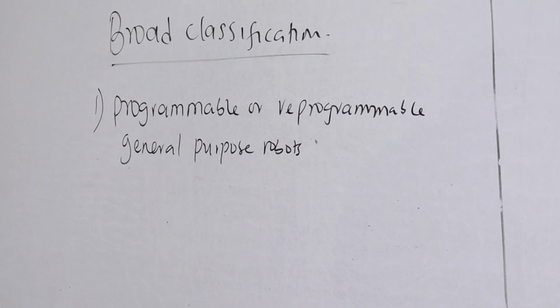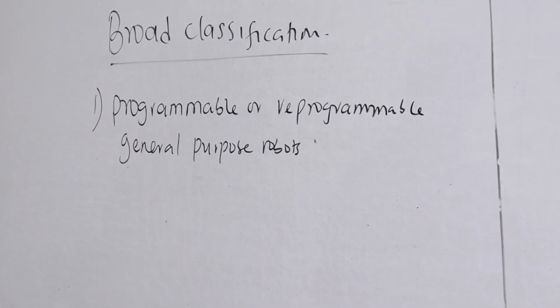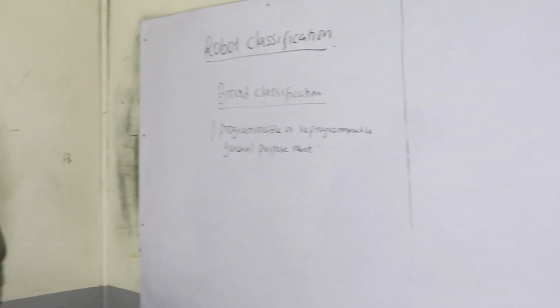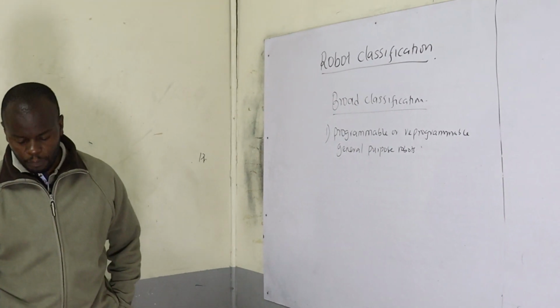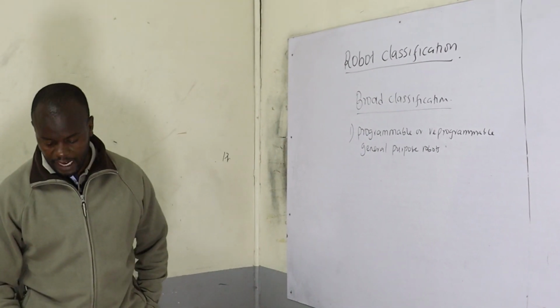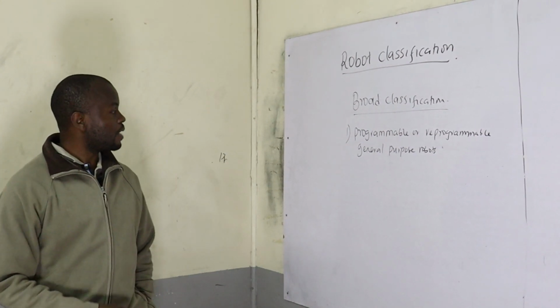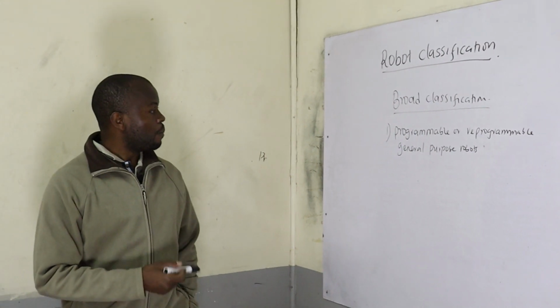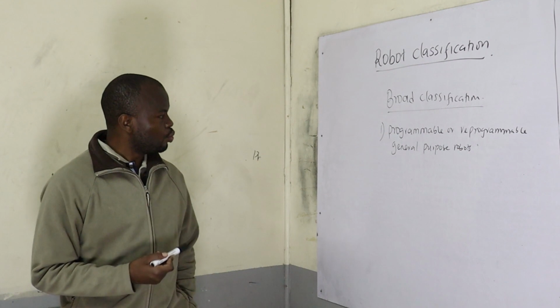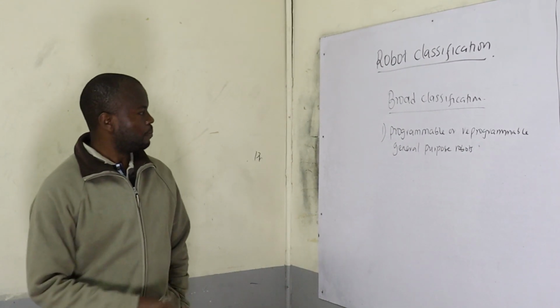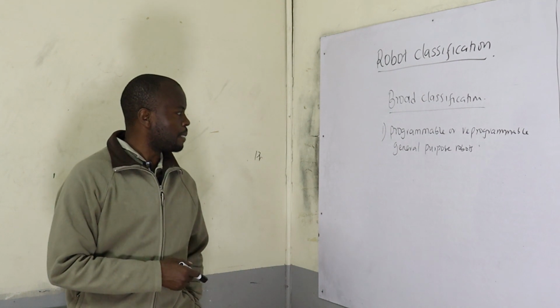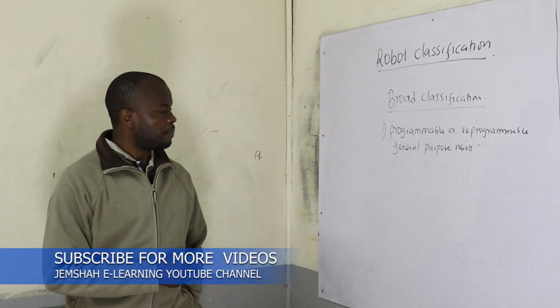These robots are always taught beforehand how to perform a given action, and this can be done using the teach mode, or the teach pendant that is used to guide the robot on how to carry out a given task or the sequence it is going to use. So a program is given to the robot, and then the robot will do as it is programmed. Maybe we'll also talk about how this programming is done when we talk about programming robots.